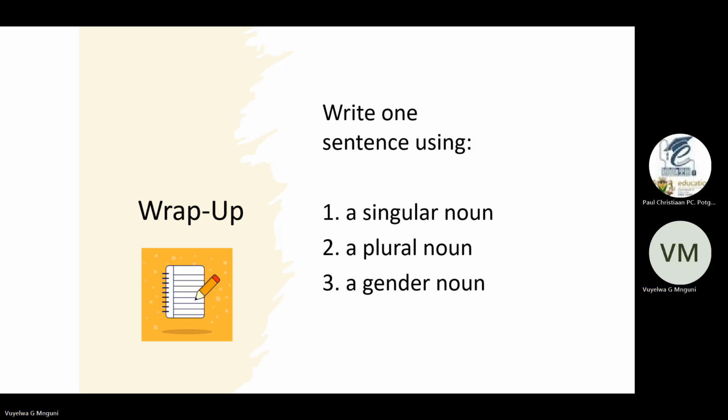Third, you are going to use a gender. Say, for example, you say, I love my niece or I love my nephew. So choose which one you are going to use.